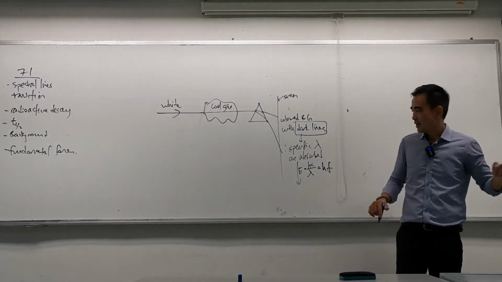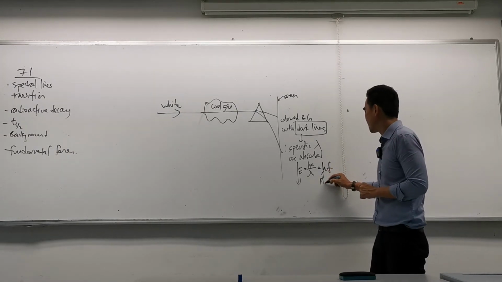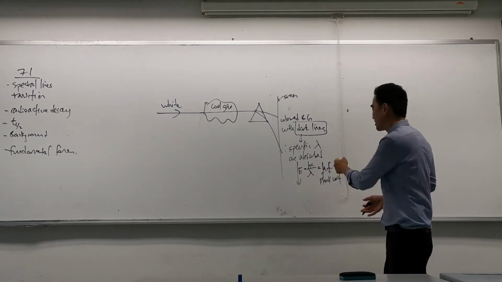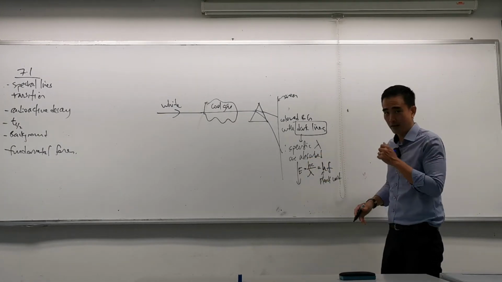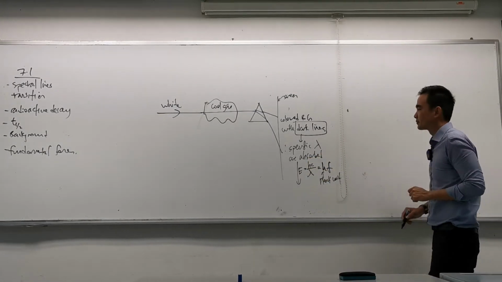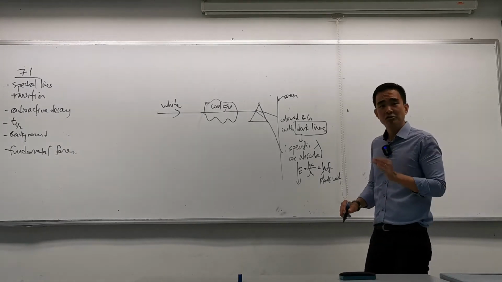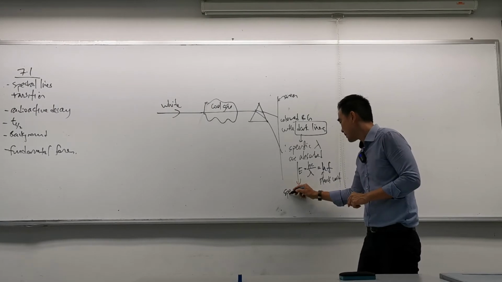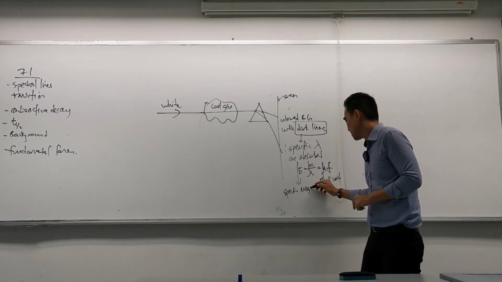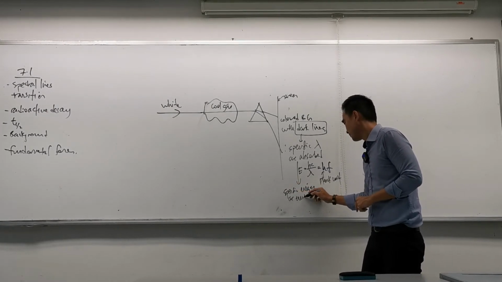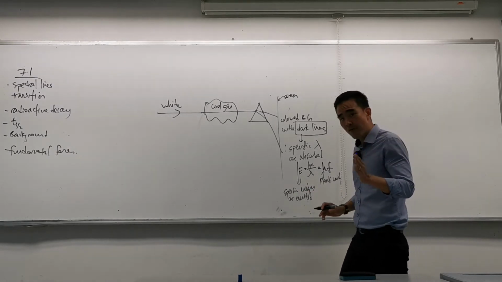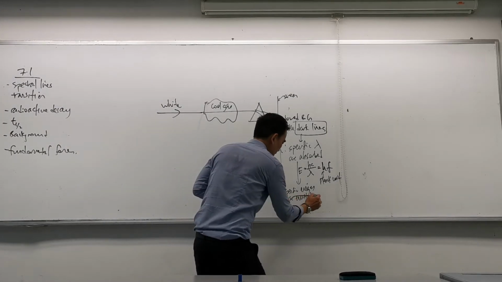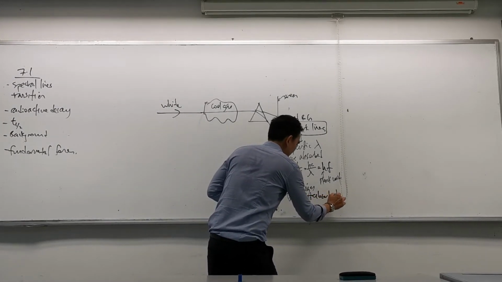The energy of each particle is h times f. h is what we call the Planck constant, and f is the frequency of light, and that's why it is equal to the speed of light divided by wavelength. Since the energy of the photon is related to the wavelength, and only specific wavelengths are absorbed, therefore only specific energies are emitted, or absorbed, by the atoms in the cool gas.